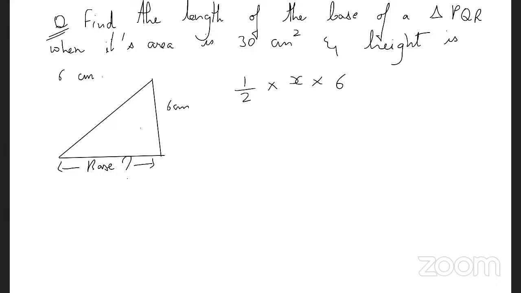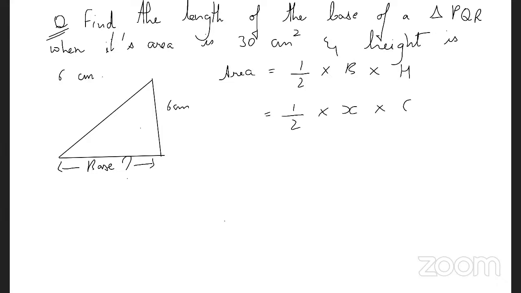I'll write the formula first. Area equals half into base into height. Let's put the values. Base is x, height is 6, and the area is 30.